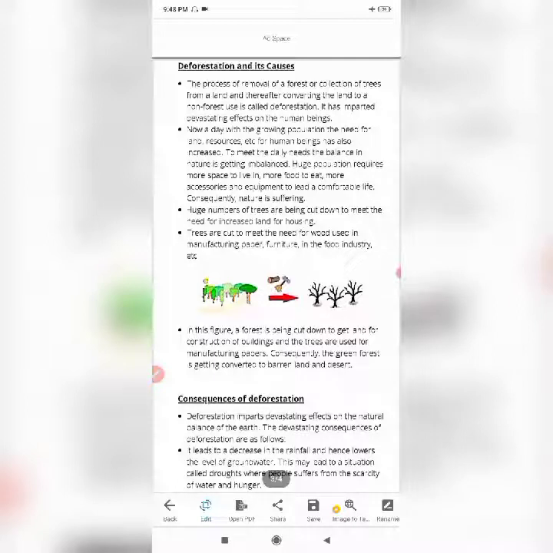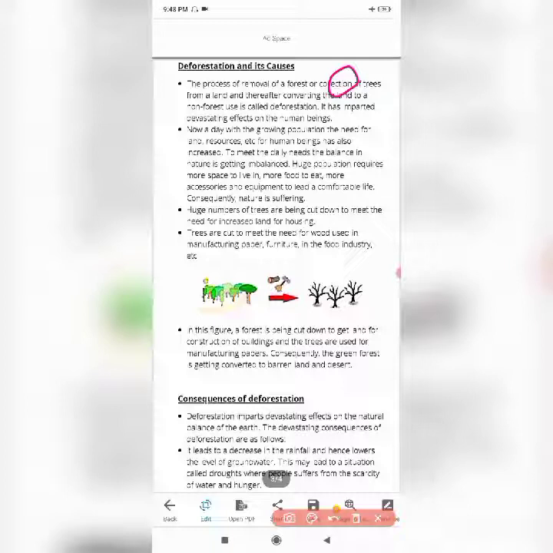The process of removal of forest or collection of trees from a land and thereafter converting them into a non-forest use is called deforestation.